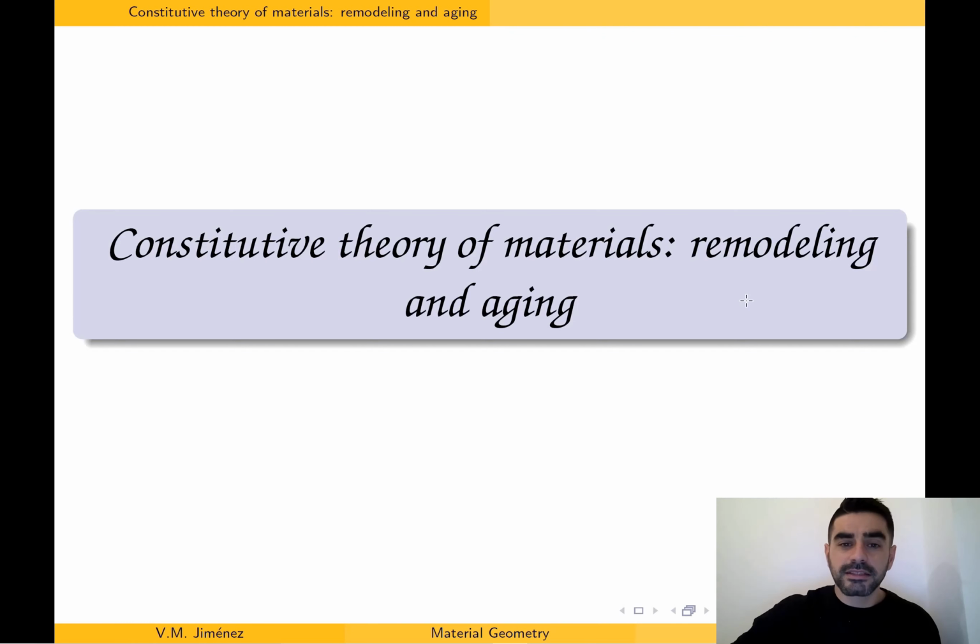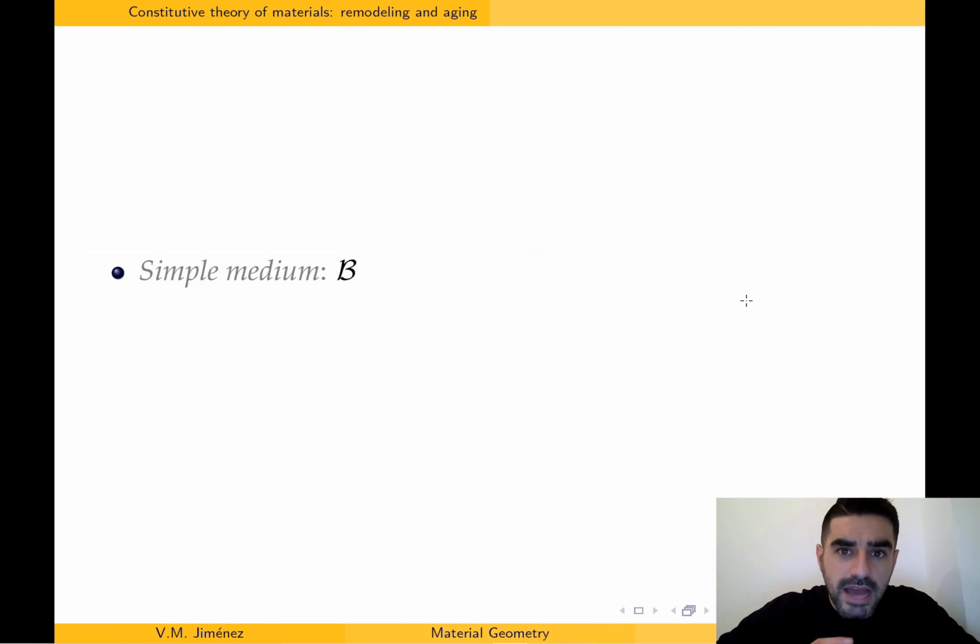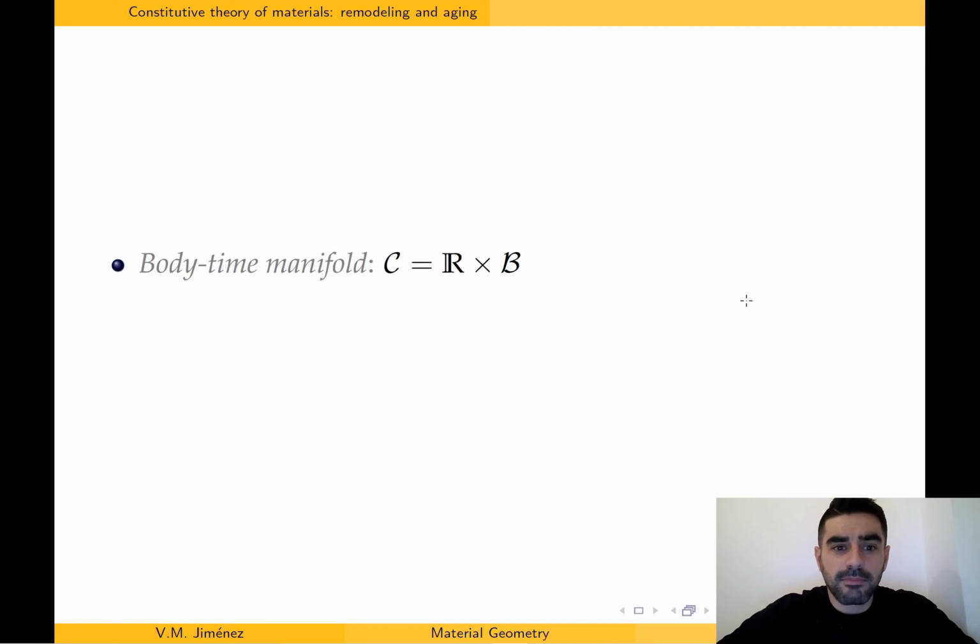So let me start. First, for us, a body will be a three-dimensional manifold B, and then a body time manifold will be defined as R times B, where R defines the time variable.